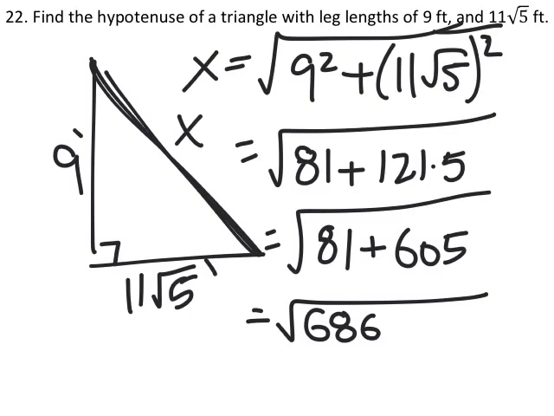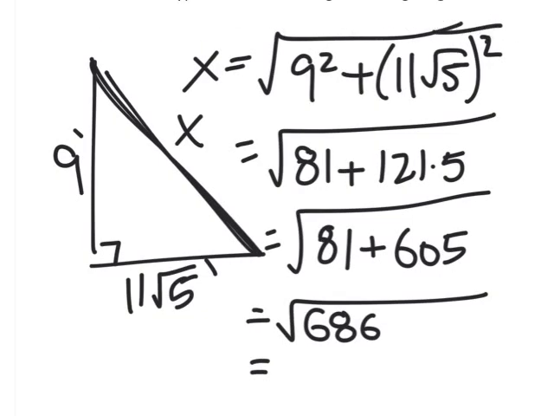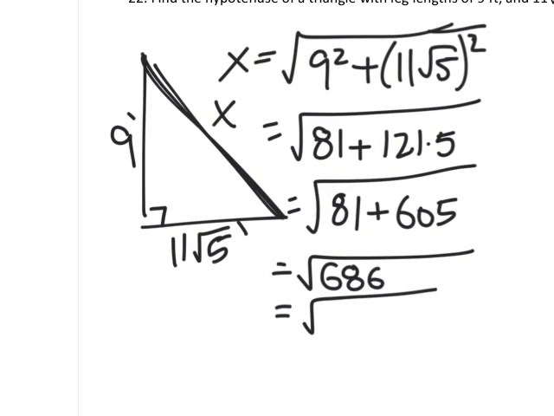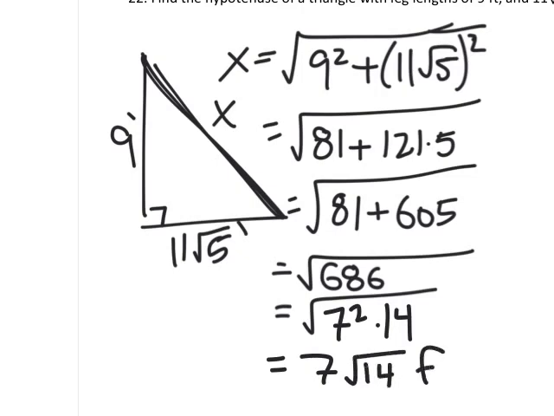It's not, but I can tell from that we could take this. That's the square root of 7 squared times 14, or in other words, 49 times 14. You can check that. That'd be 7 times the square root of 14 feet.